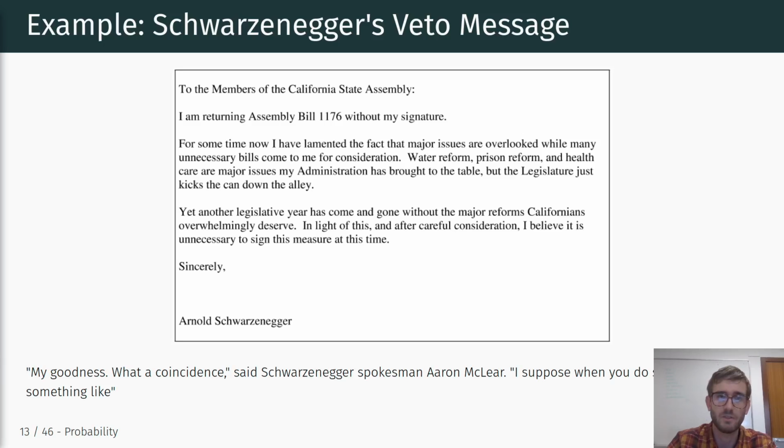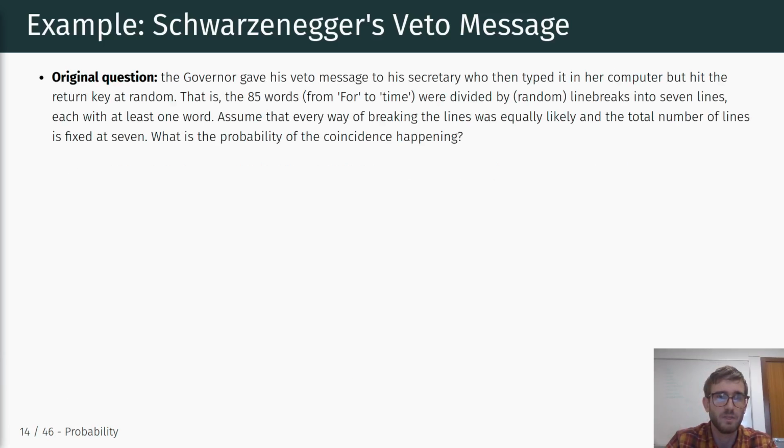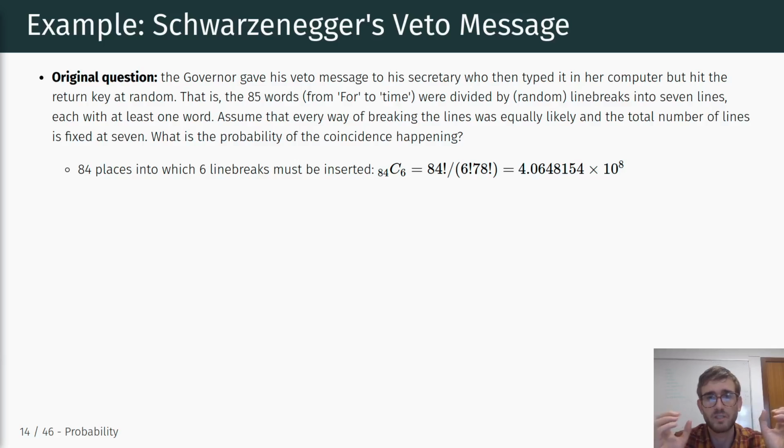Those are 84 or 85 words, and so you can think of this as basically a question of dividing this, since we have 6 line breaks, into all the words basically in 7 different groups, right?